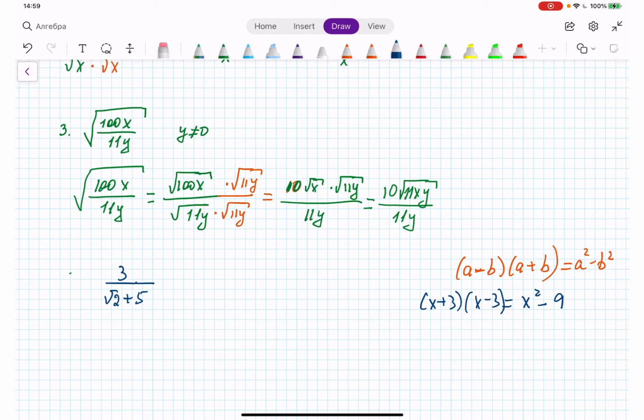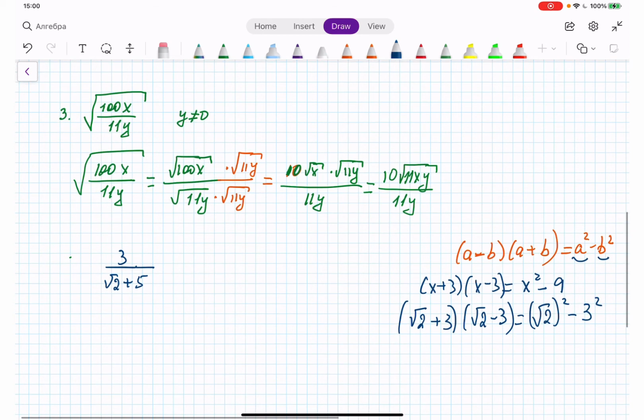So if I have, let's say, square root 2 plus 3, then I have to multiply by square root 2 minus 3. We are getting a squared, which is going to be square root 2 squared, and then minus b squared, which is going to be 3 squared. The result is going to be 2 minus 9, and we are getting negative 7.